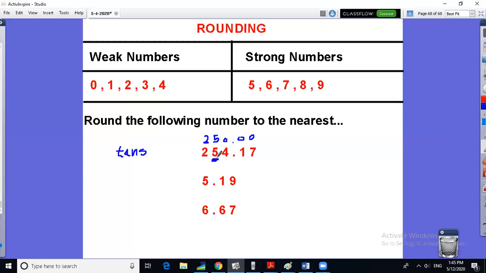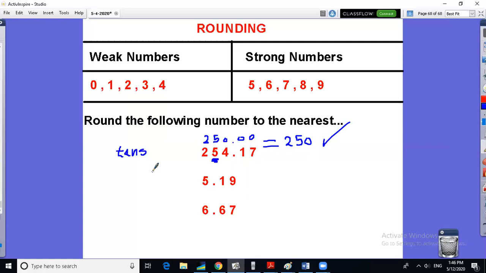Strong, 5 becomes 6. If it was strong, it would add 1 to the 5 to become 6. But 4 is weak, it adds nothing to the 5. Everything after the underlined digit becomes 0, and everything before it stays the same. So the answer here is 250. Let's not write it as 250.00, it is just 250.